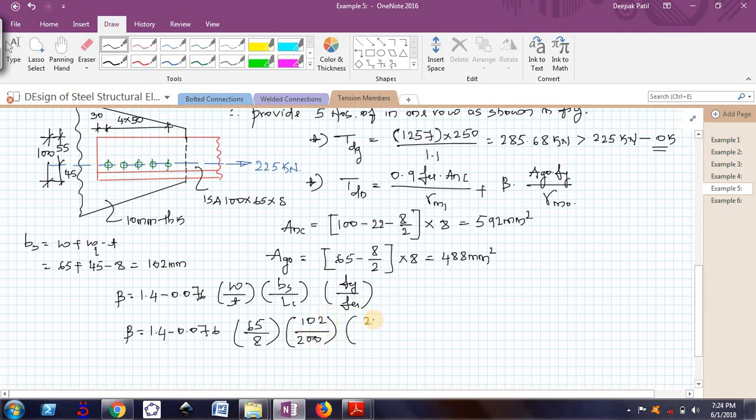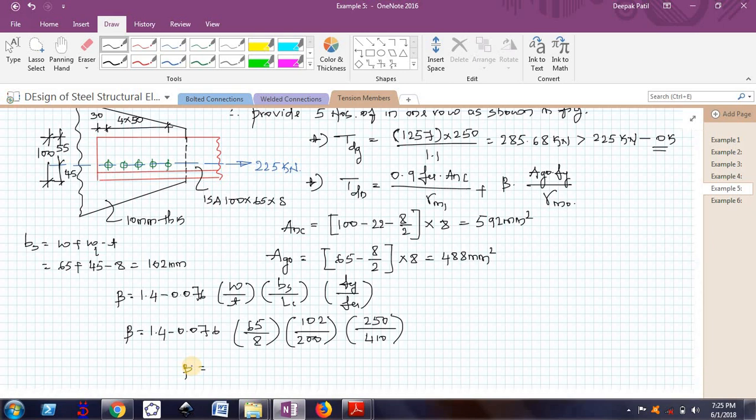So Fy is 250 divided by Fu 410. If you calculate that, beta comes out to be, I will just calculate that, 65 divided by 8 multiplied by 102 divided by 200 multiplied by 250 divided by 410.